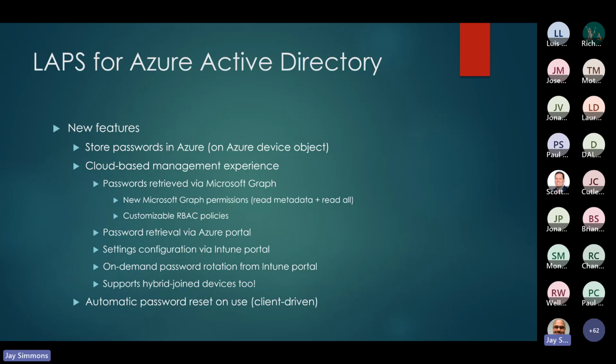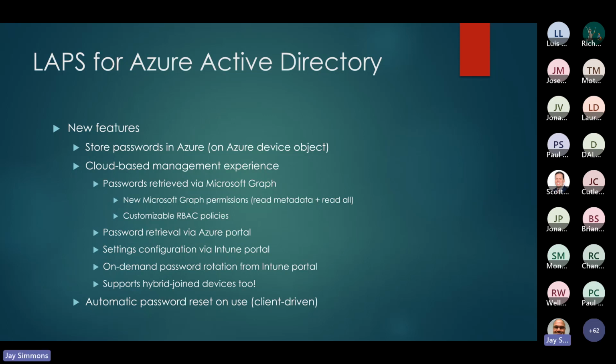We're also going to be supporting RBAC policies, so that in addition to the built-in roles that have permissions, you'll also be able to author custom RBAC policies to suit your security needs.